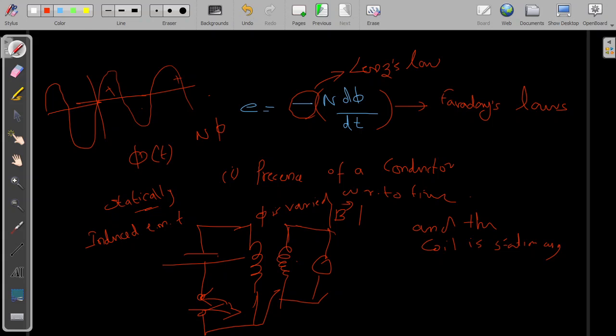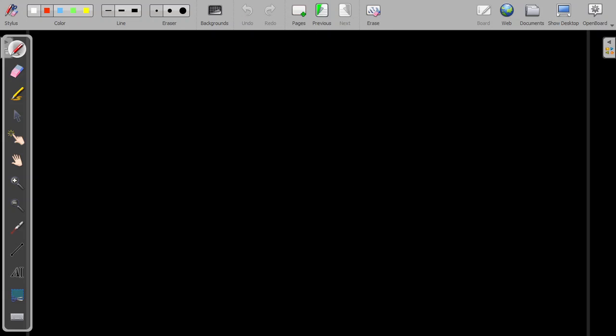Now we have also discussed the other method, that is by the motion of the conductor. That is motional EMF, which you have studied in your plus 2 classes. This motional EMF is also known as dynamically induced EMF. Dynamics means something which is moving.